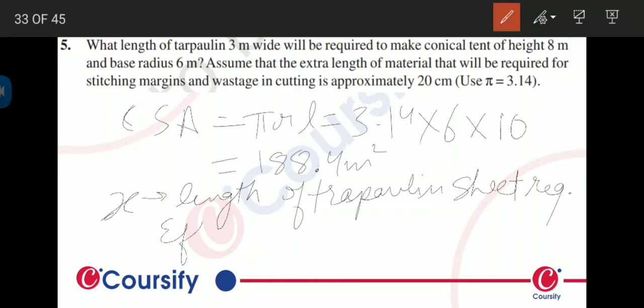Effective length of the tarpaulin sheet is equal to, we'll remove the margin from the actual length of the tarpaulin sheet, that is x minus 0.20 meters, converting it into meter. So this is the effective length. Again, it is the length that will be used in the actual making, apart from the margins.